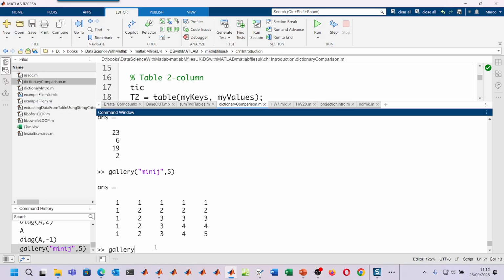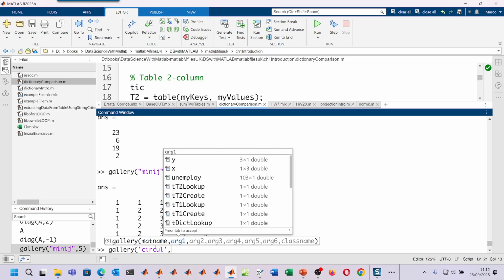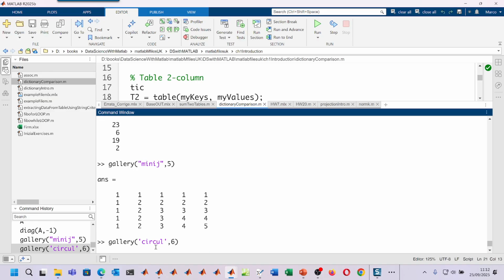So gallery and then circul of size 6, the circulant matrix. You see, they circulate the elements. Can you see that it circulates from each row?